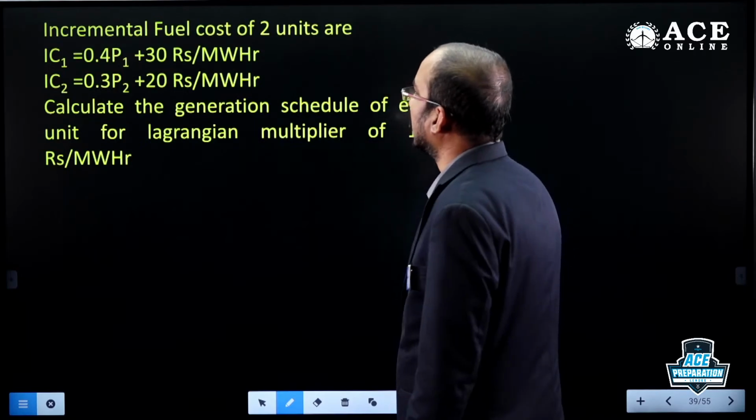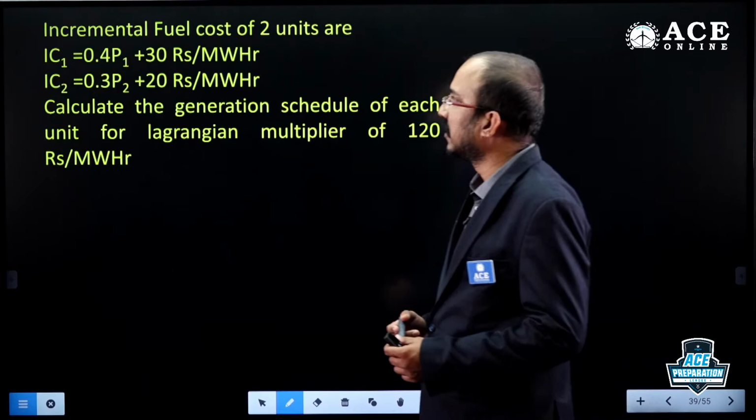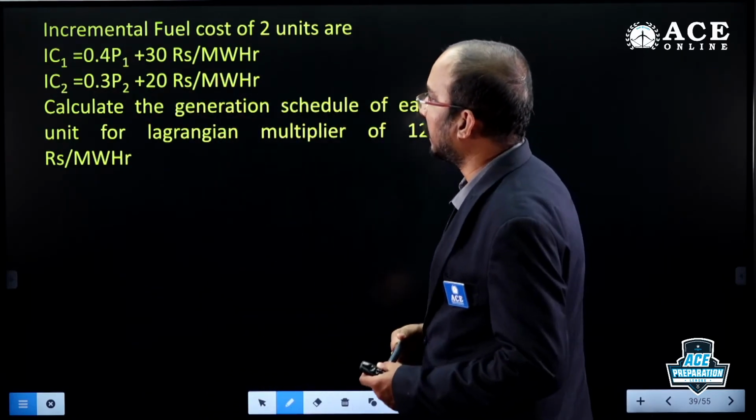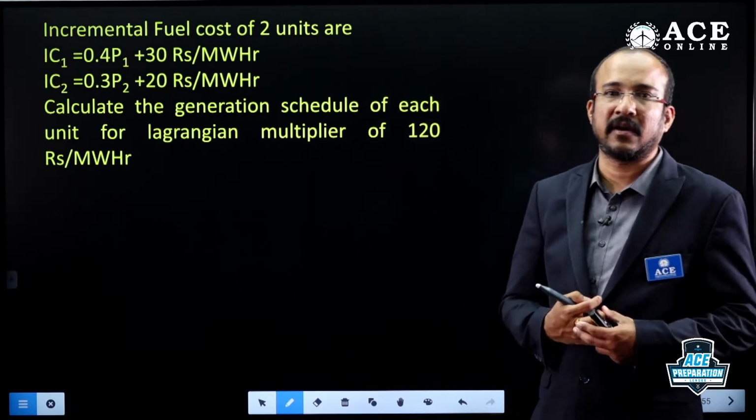Now observe this problem. Incremental fuel cost characteristics of two units are given. IC1 given, IC2 given. Calculate the generation schedule of each unit for a Lagrange multiplier of 120 rupees per megawatt hour.